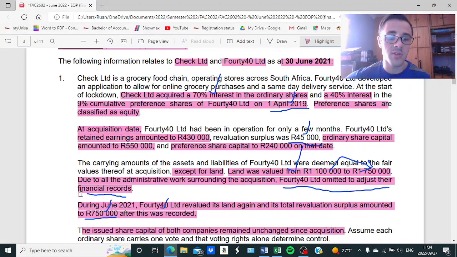If you go back to additional information point 1, you will see that the parent, Czech Limited, has a 40% interest in the 9% cumulative preference shares of 4040 Limited, meaning that your NCI would be 60%, in terms of preference share capital.